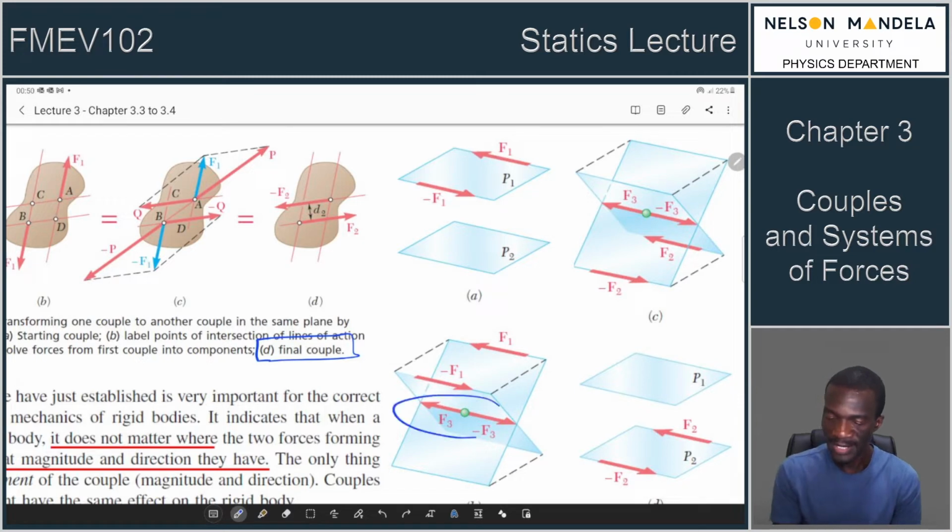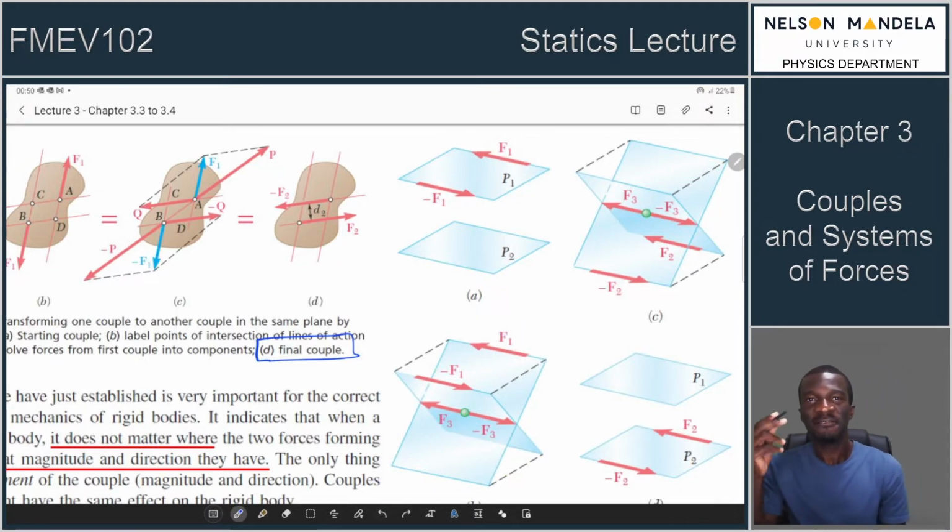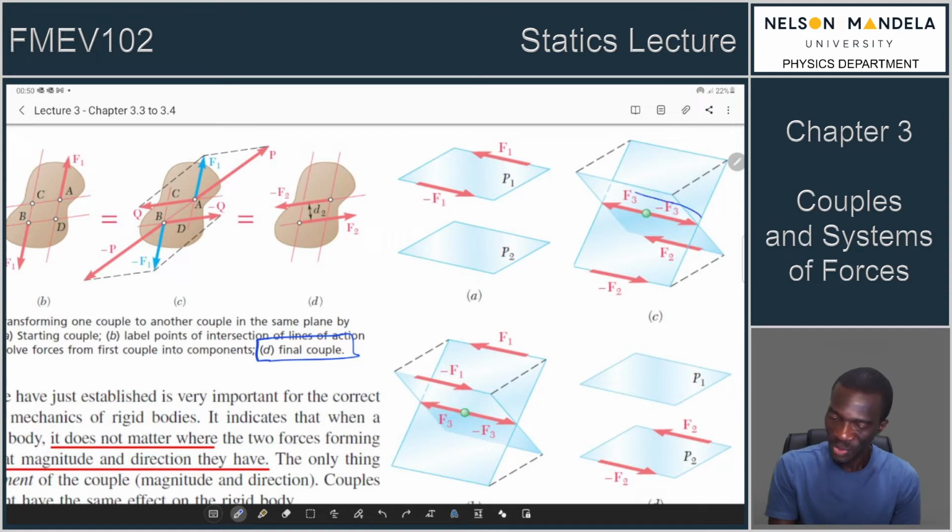F3 plus minus F3 will add up to 0. So in the end, when you have this set up, you can effectively use the same forces that are at the axis, or at the intersection of your planes, to create new forces that should generate the same effect as what you had in the beginning.